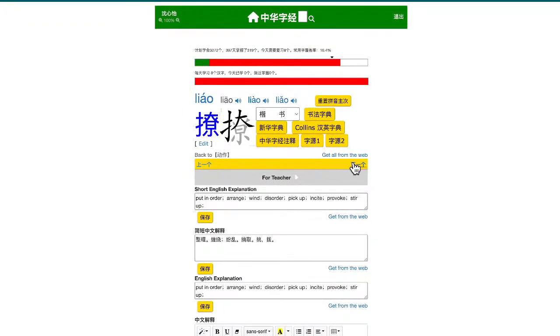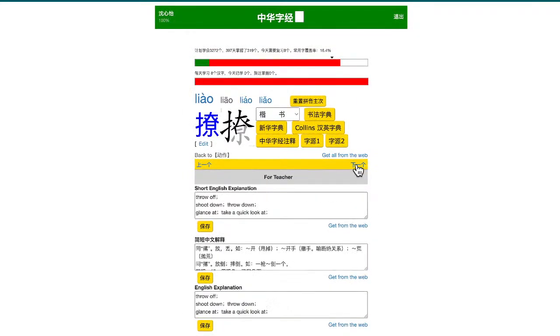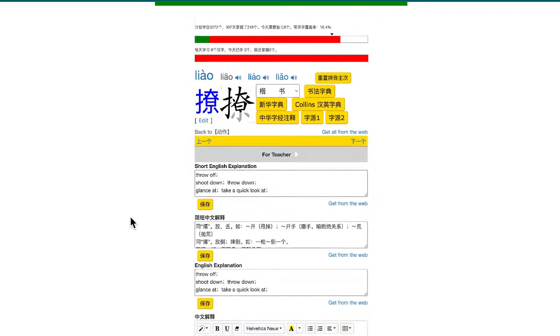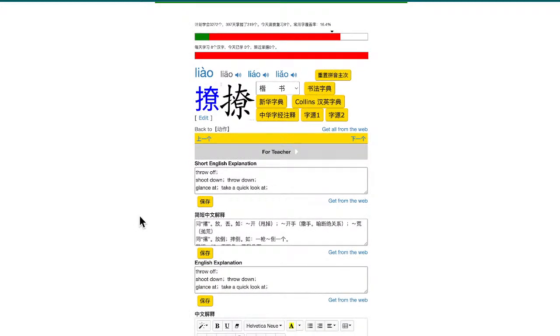The next one is 撂. When you say 撂, that means throw off, shoot off, throw down, with some kind of force.